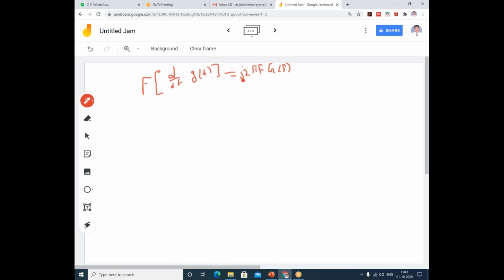Here G of f is the Fourier transform of g of t, whatever g of t we have.